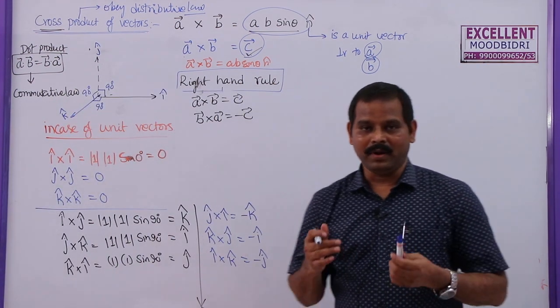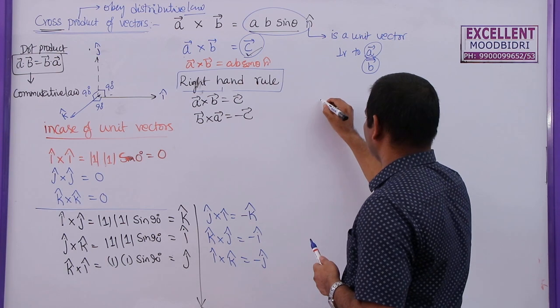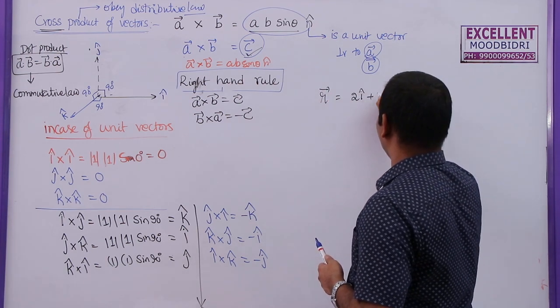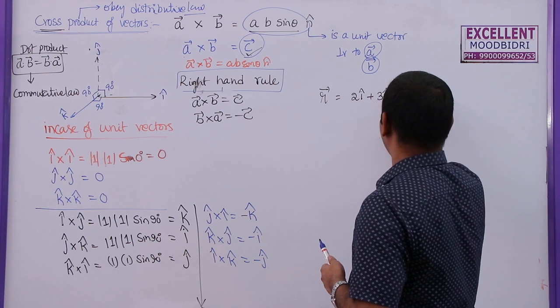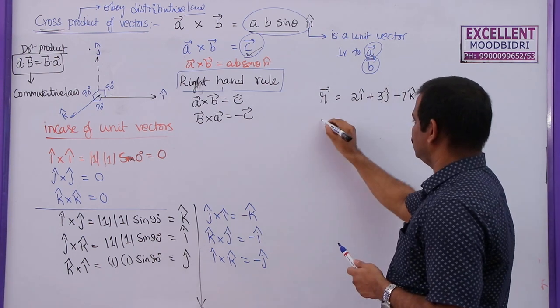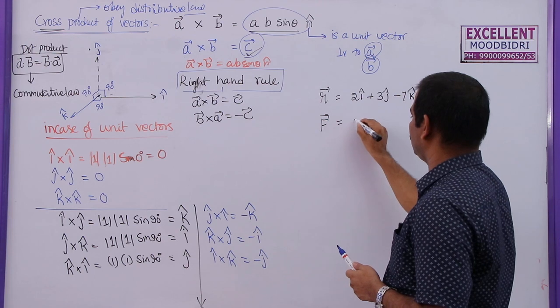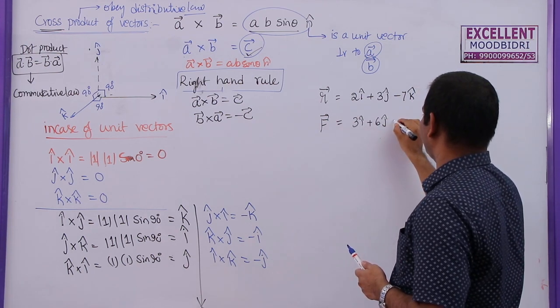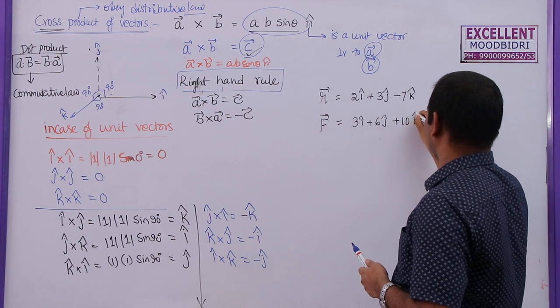If we want to multiply two vectors, let me take the best example: position vector r bar is equal to 2i cap plus 3j cap minus 7k cap. Similarly, force vector is equal to 3i cap plus 6j cap plus 10k cap.